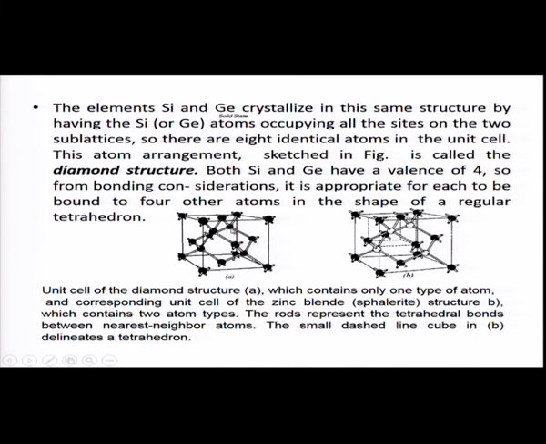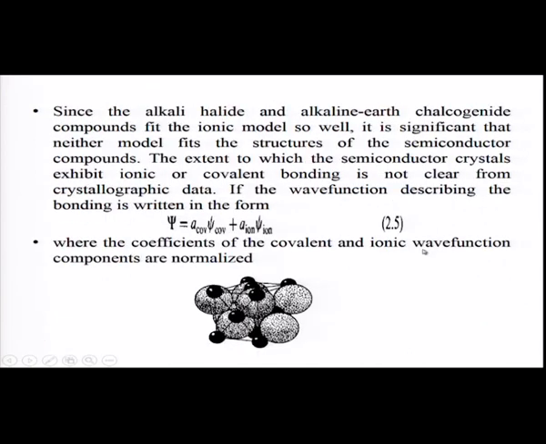The rods here represent the tetrahedral bonds between the nearest neighbor atoms, and the small dashed lines delineate a tetrahedron as shown in the figure.